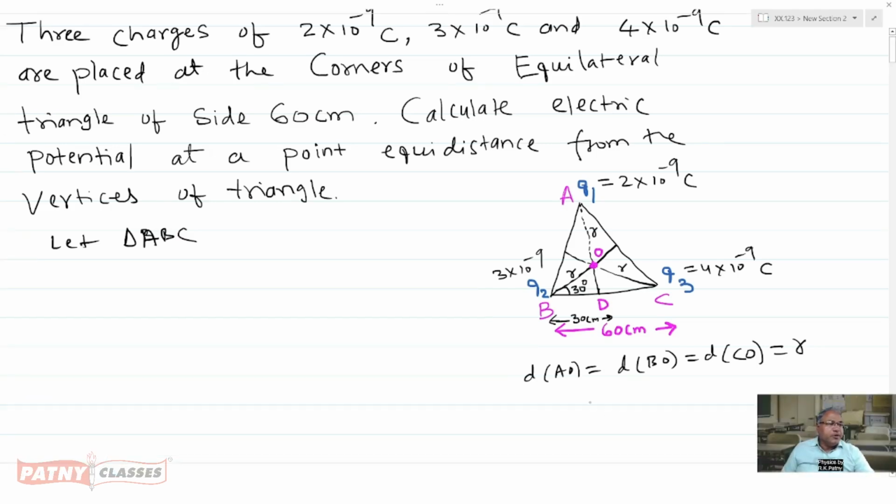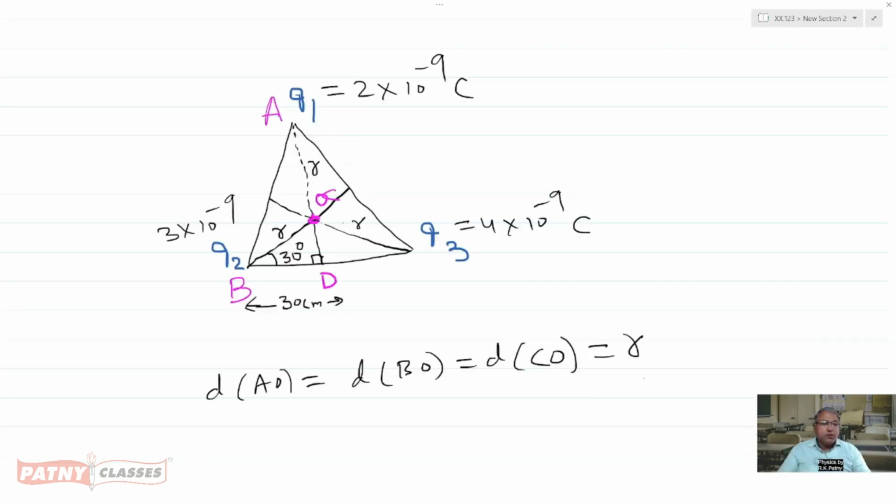First of all, we need to find the value of R. So how to find out R? For that we can consider the triangle BDO. So 30 centimeters equals 30 upon 100 equals 0.3 meters.